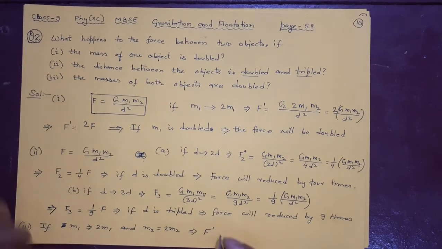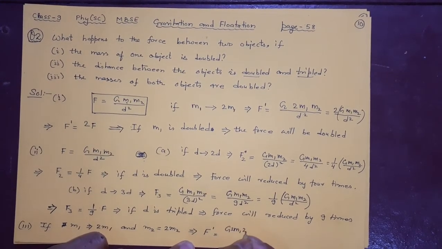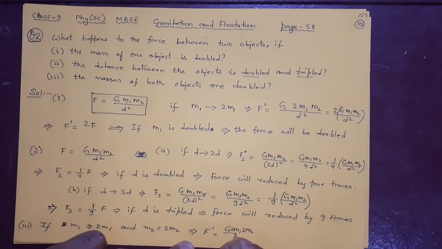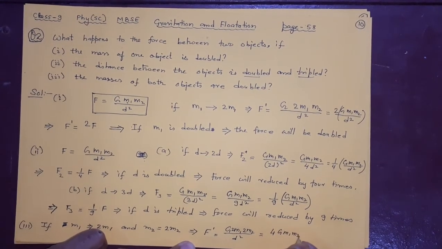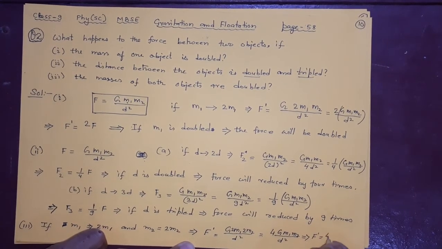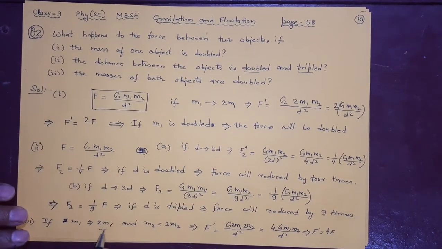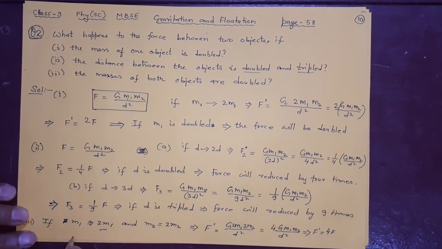New force will become G into 2m1 into 2m2 divided by d square. Look at here, 2 2s are 4, G m1 m2 by d square. This means F dash equal to 4 times F. Can you see, if the two masses are doubled, force will be 4 times.